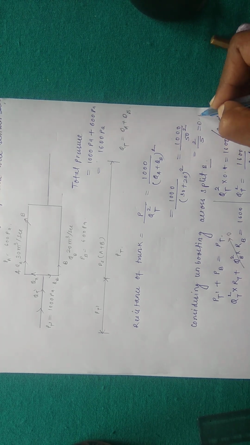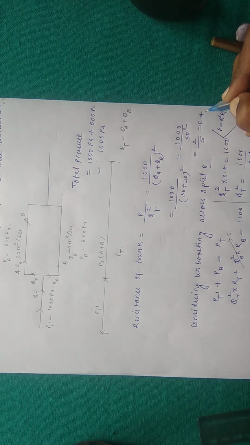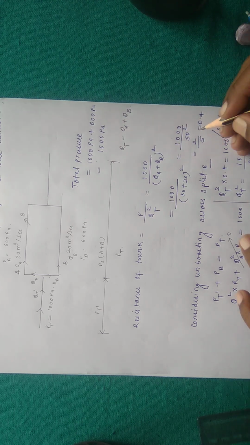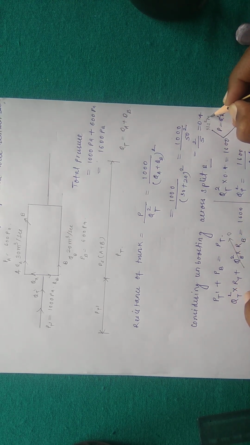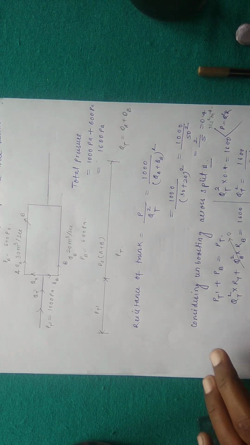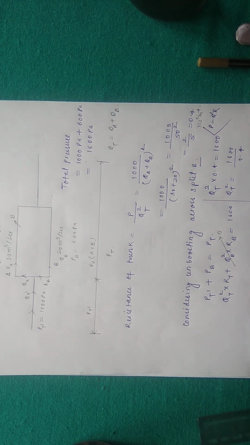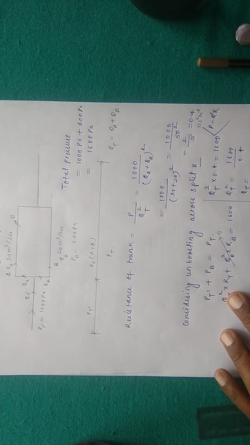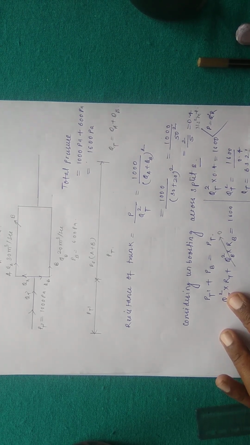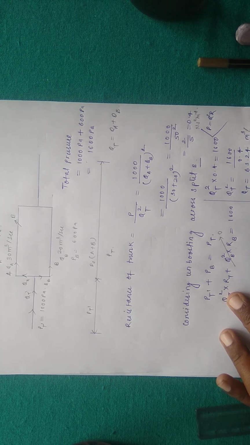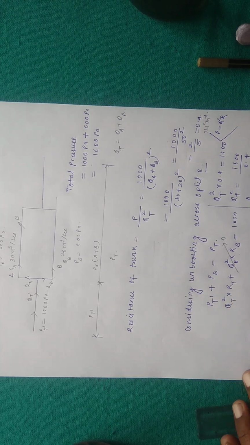The unit is Newton second square meter to the power -8. You know this unit; this is the unit of resistance. Now the quantity of trunk, QT, will become 63.24 cubic meter per second.